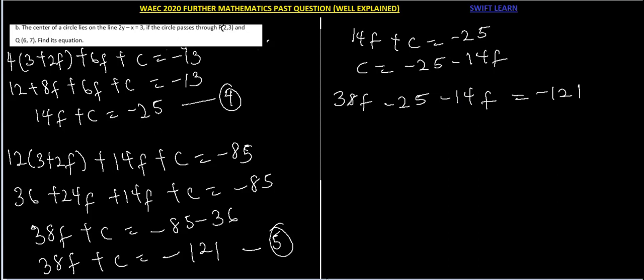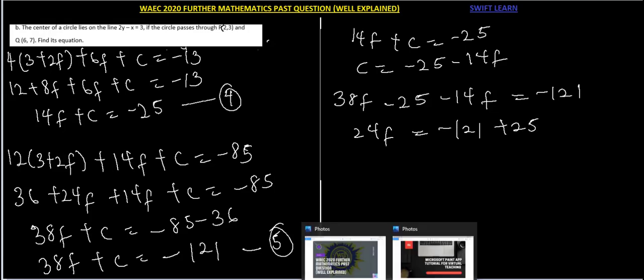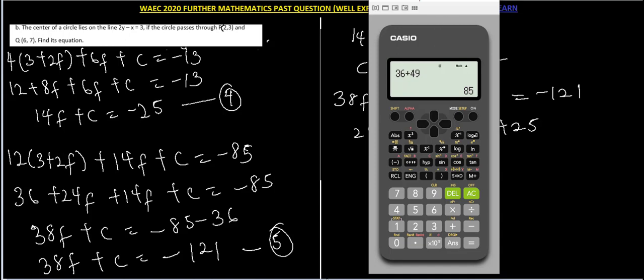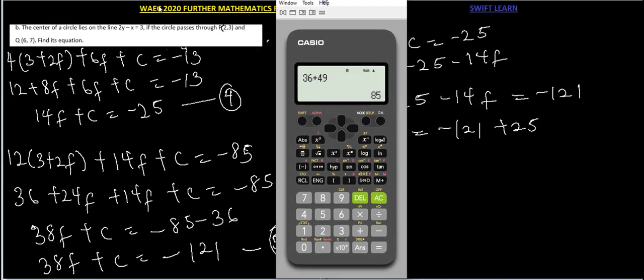So 38f minus 14f is 24f. This will be minus 121 plus 25. So what is minus 121 plus 25? Okay, let me carry this here.